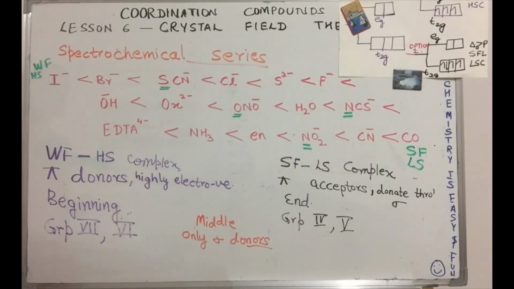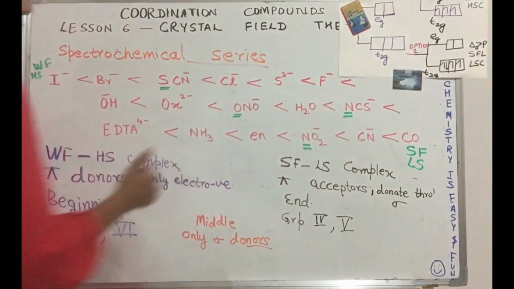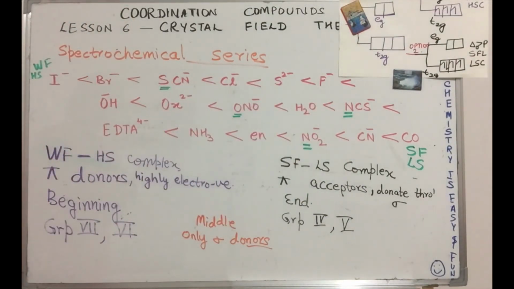Spectrochemical series. The arrangement of ligands in the order of their ability to cause the splitting of the d orbitals is what we call the spectrochemical series. We start with the ligands which have weak strength, which are weak field ligands, and end with the strong field ones. What is the difference?